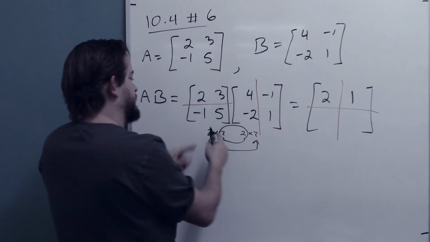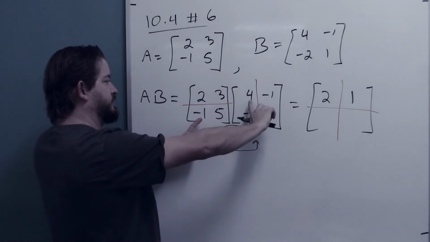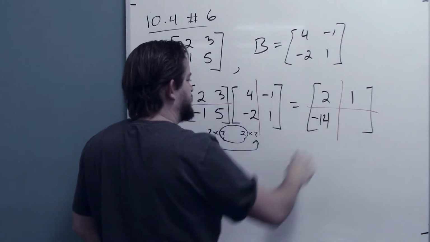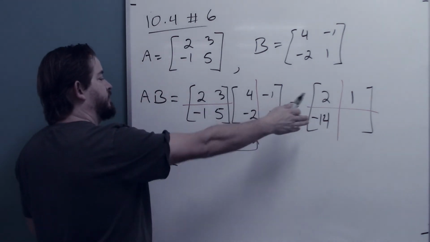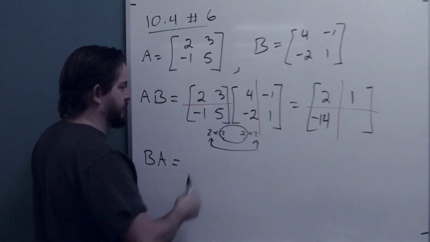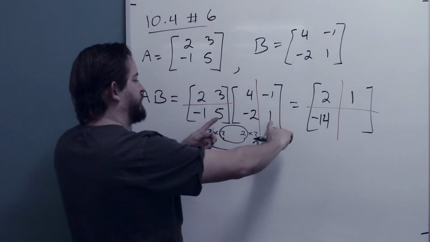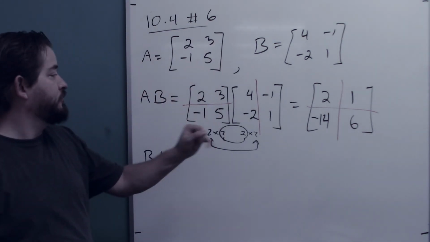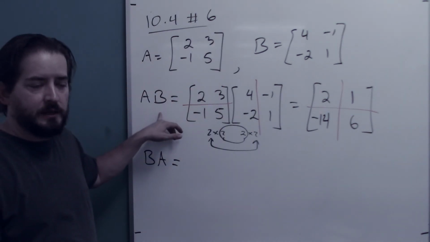The bottom left is the bottom multiplied by the left, so that's -4 and -10, that is -14. And the bottom right is the bottom by the right, so +1, +5 gives me +6. There's my first one, A multiplied by B.